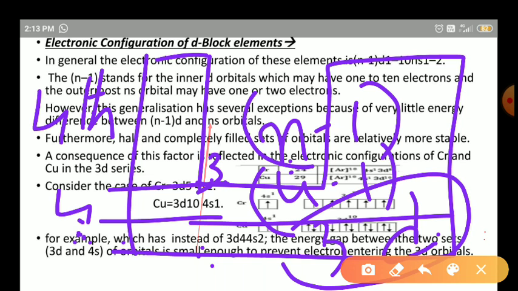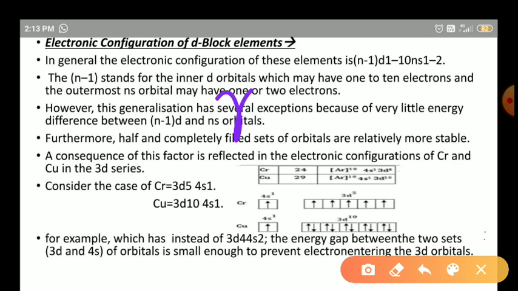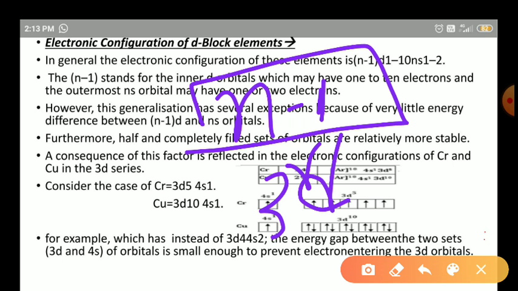It means the electrons are shifted into the 3d. Either you may write n minus 1 or the 3d.